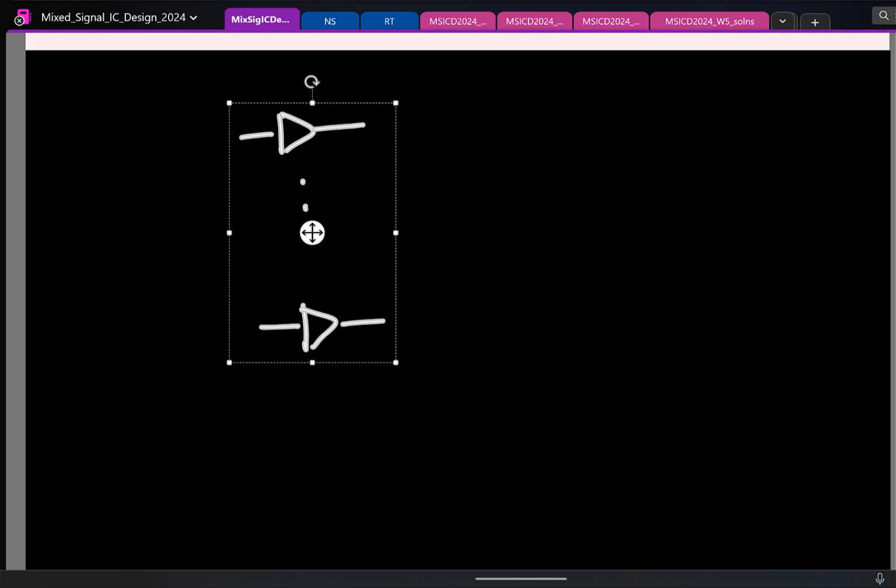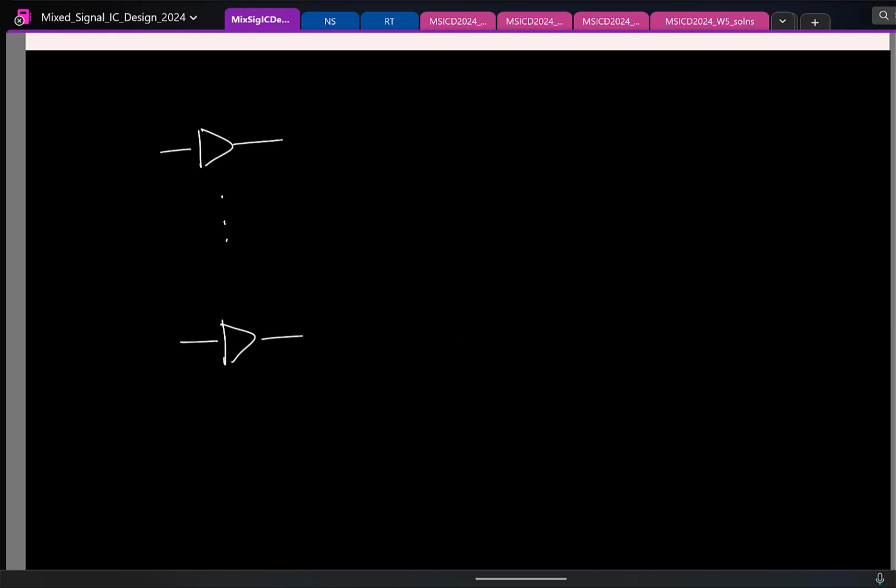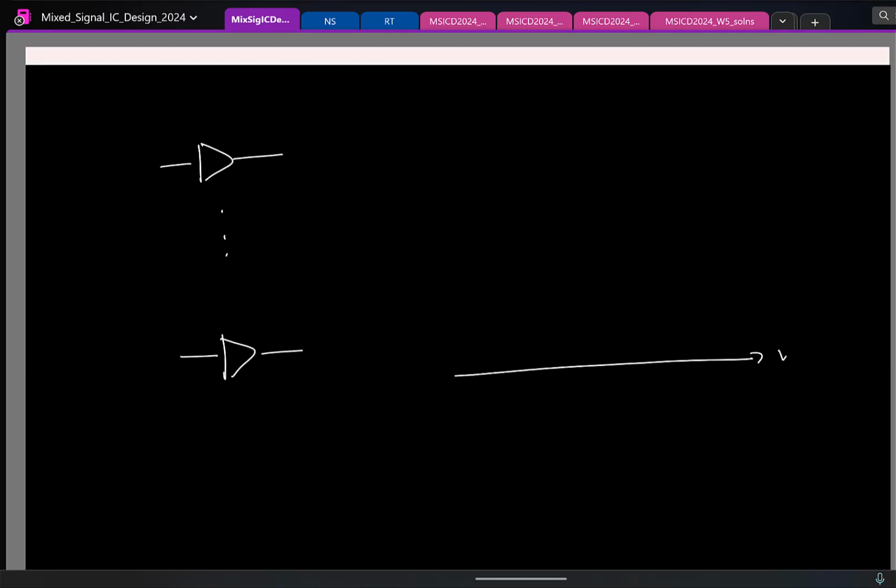Now let's say there is no offset in any of the comparators. In that case, if I sketch the output versus the input, how will it look? It's the step characteristic, remember. So we are supposed to get something like this.